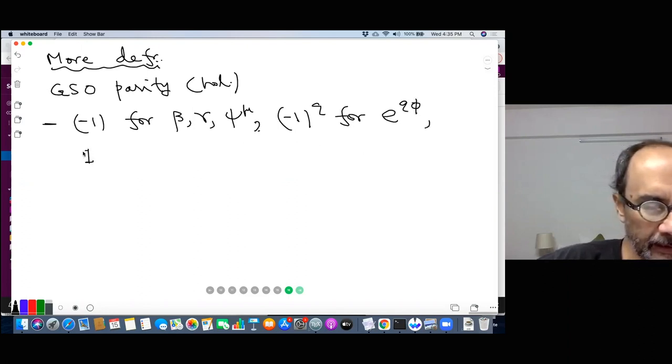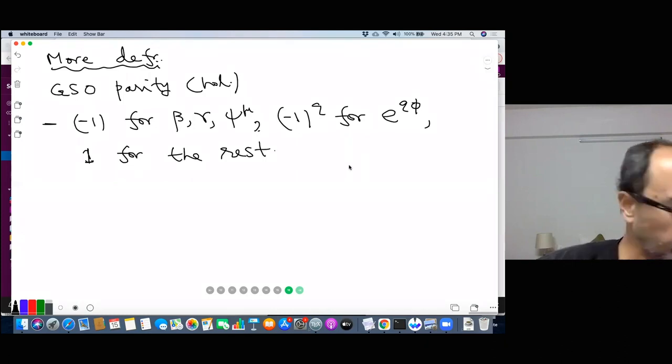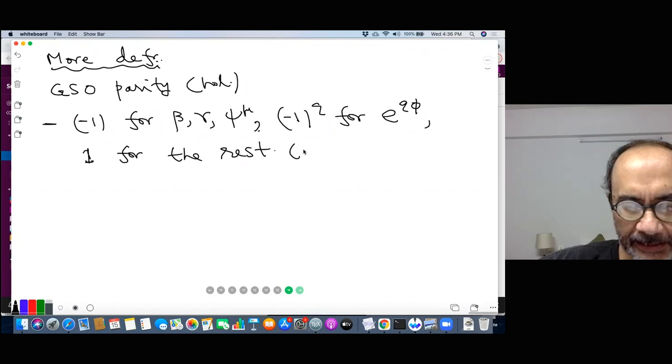This is a parity, a Z2 quantum number, so it's either -1 or 1. So it's 1 for the rest. So it includes zeta and eta, xi and eta.